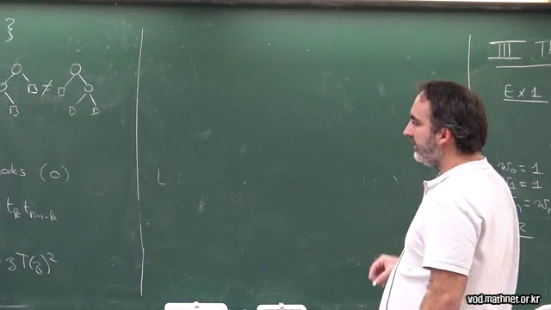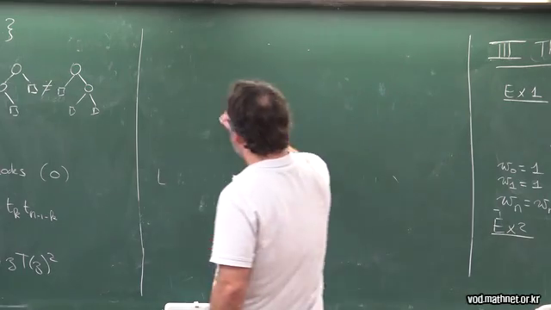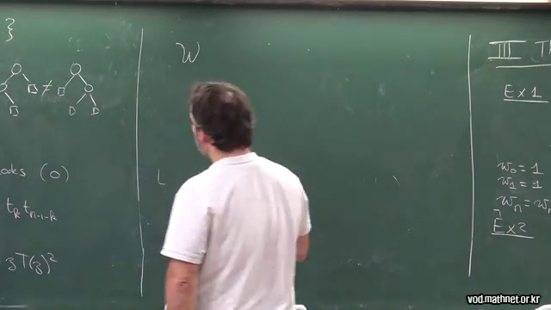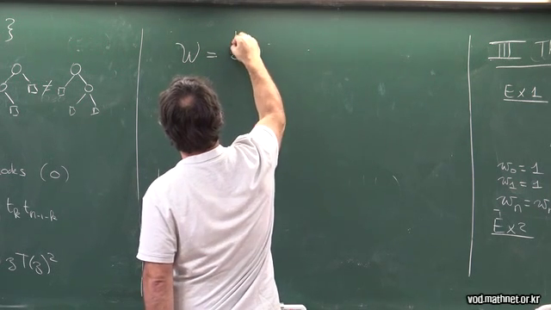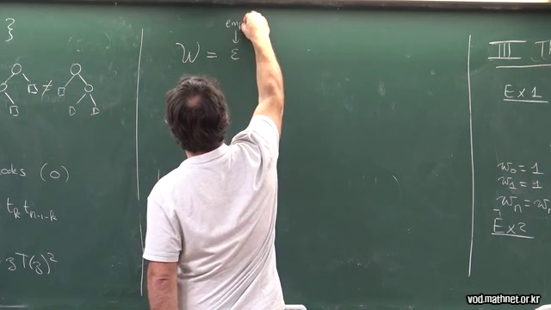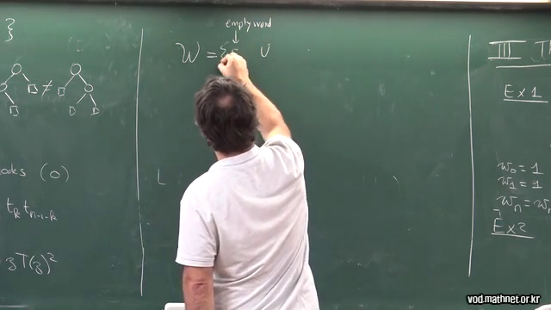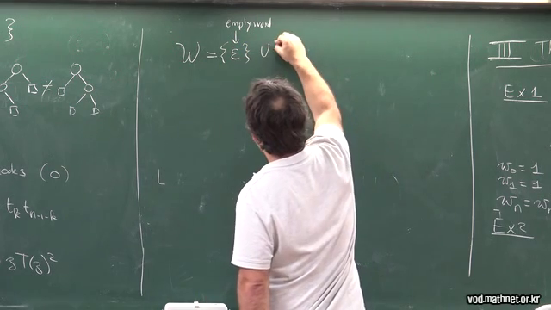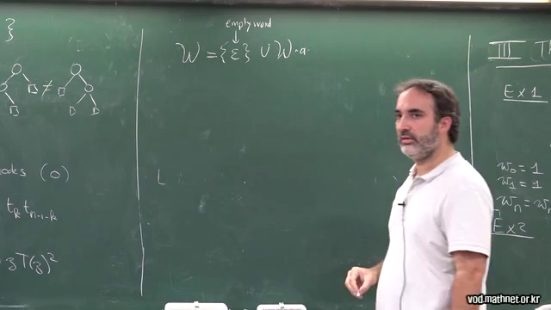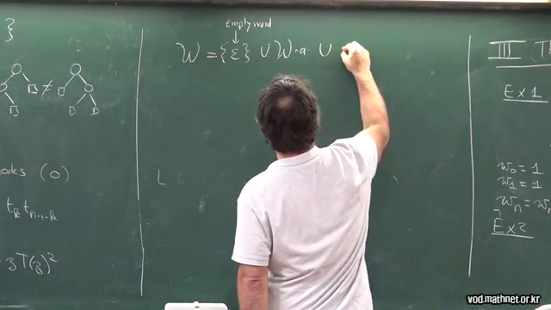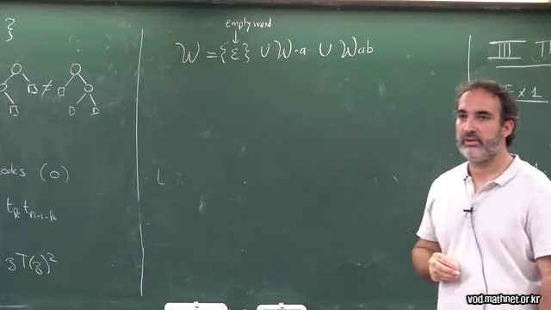Okay, so I have two examples, and I want to summarize the examples as follows. If you take the set W, what I'm saying is that either you have the empty one, or, I will put the union sign, you take an element of W and you concatenate A, or you take an element of W and you concatenate AB, right?